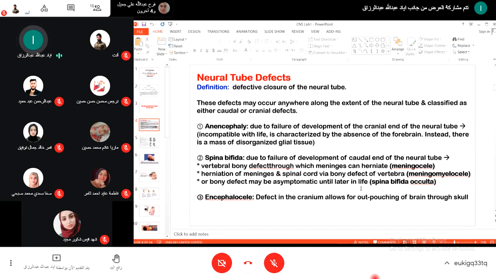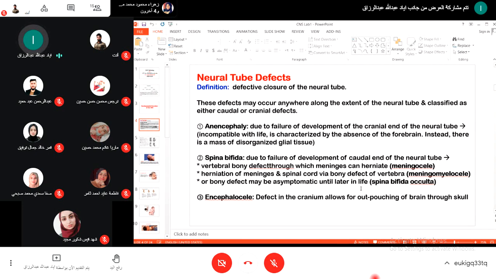When the failure of development occurs at the cranial end of the neural tube, there is what is called anencephaly. Anencephaly refers to the failure of development of the forebrain. Instead, there is a mass of disorganized glial tissue, disorganized brain tissue. The pictures will be clear to us in the slides. What does anencephaly mean?